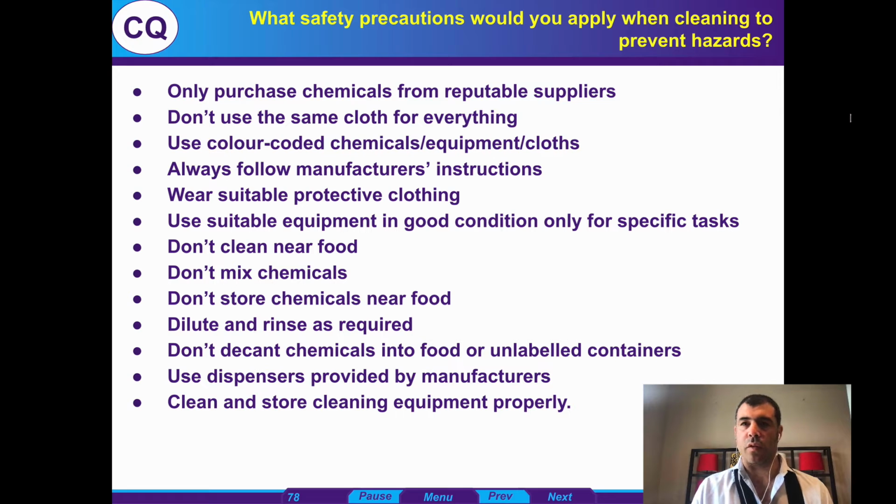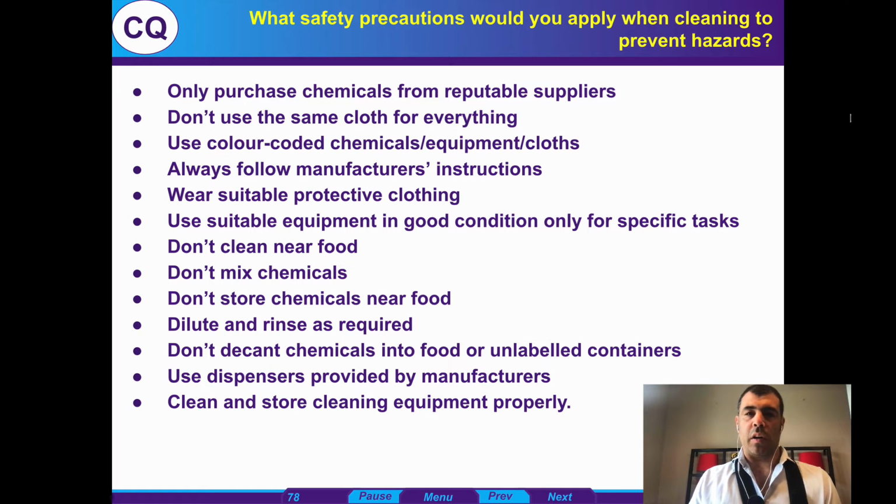For instance, cleaning products from the supermarket might not have the same efficiency and the same dilution rate as a professional product would. So this is highly recommended and nearly mandatory now in the UK. This is a very big concern, that professionals use professional products.